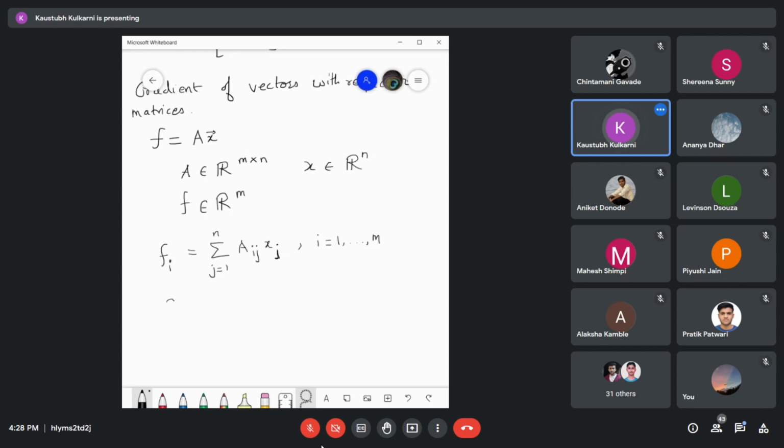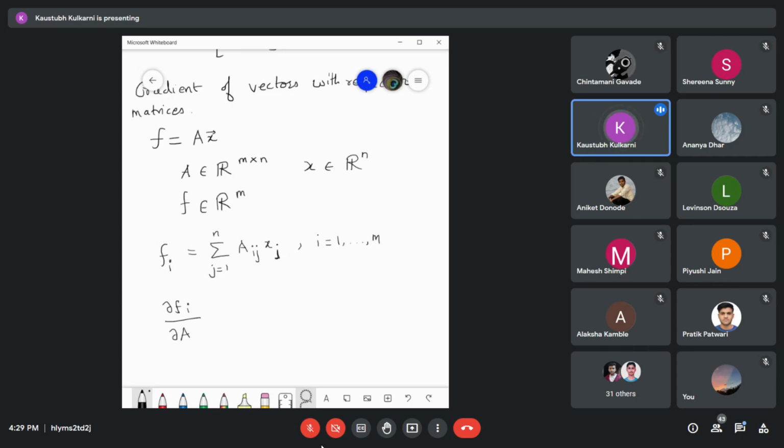Again partial derivative will have to be calculated. Now till now we have learned how to calculate partial derivative with respect to a vector. Okay, so let's say dou fi with respect to a row of A. Now these are the rules for these partial derivatives.